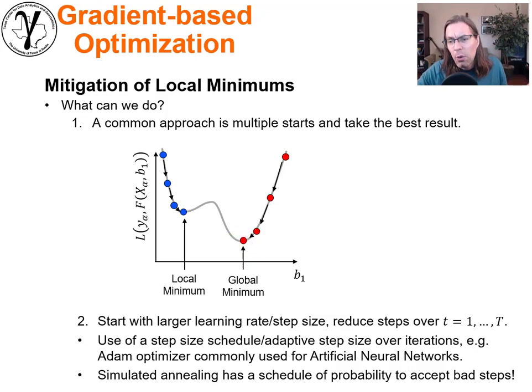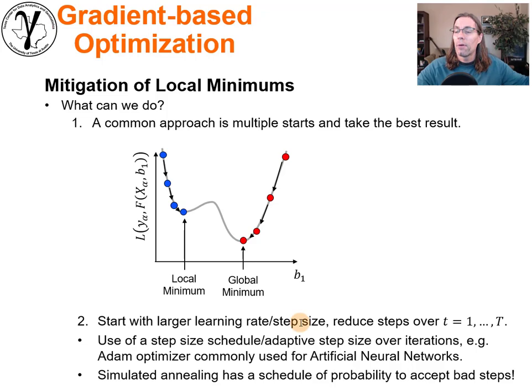What else can we do to improve our robustness to ensure we don't get stuck in local minimums? There's more complicated methodologies. We could start with a large learning rate, step size, and we could reduce it over the steps. This is often done with some type of adaptive approach, and the idea is that early on you can explore over the loss function without getting trapped.